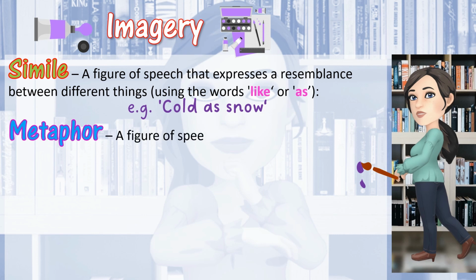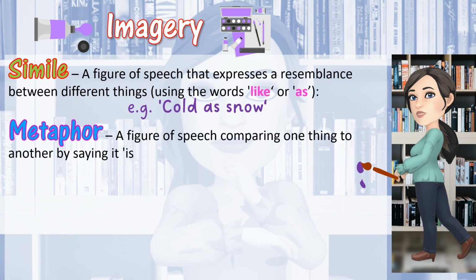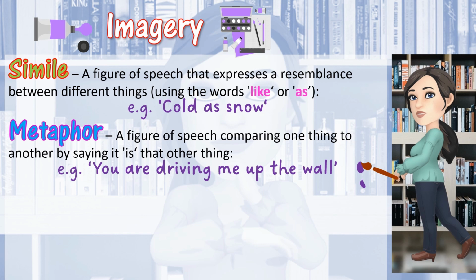Next, we have metaphor, which is a figure of speech comparing one thing to another by saying it is that other thing. So it's not like the other thing, like a simile, it is the other thing. For example, you are driving me up the wall.